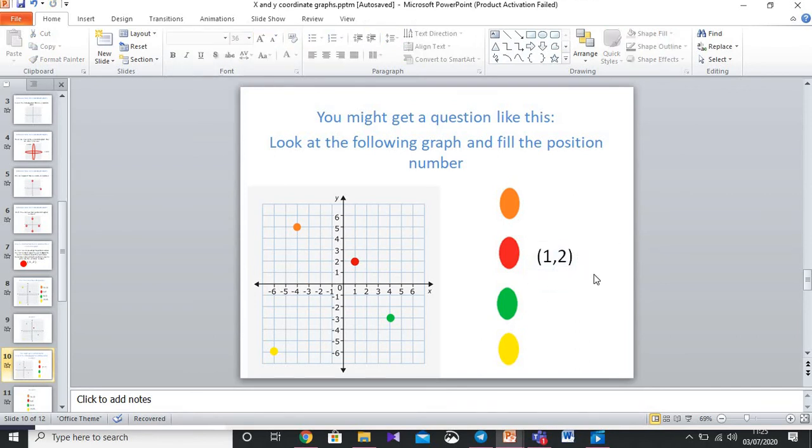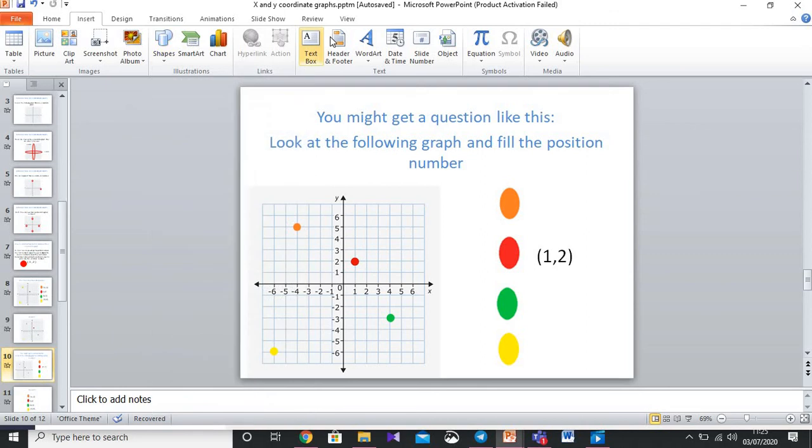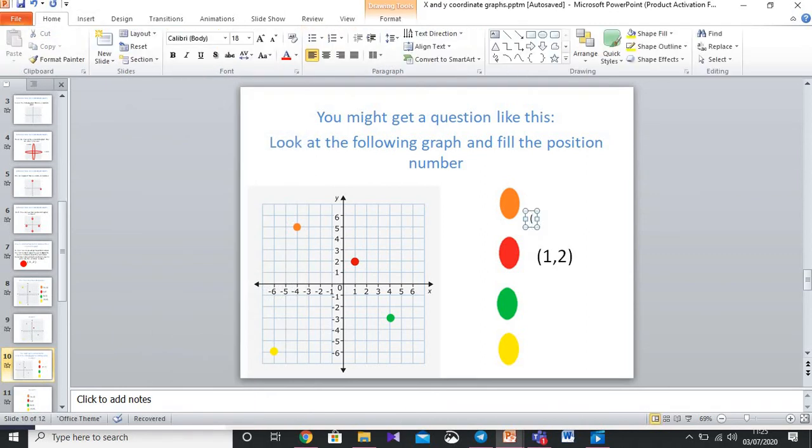Isn't that simple, huh? Now let's try the orange dot. -4 from the x-axis and 5 from the y-axis. So we can write like this, bracket, -4 from the x-axis and 5 from the y-axis.